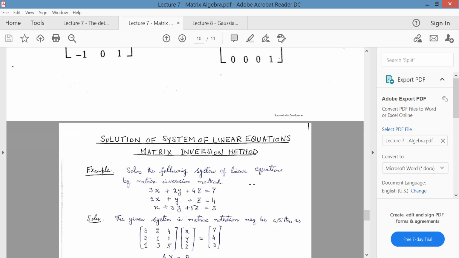Yes? Is the left hand side equal to the right hand side? Come on.